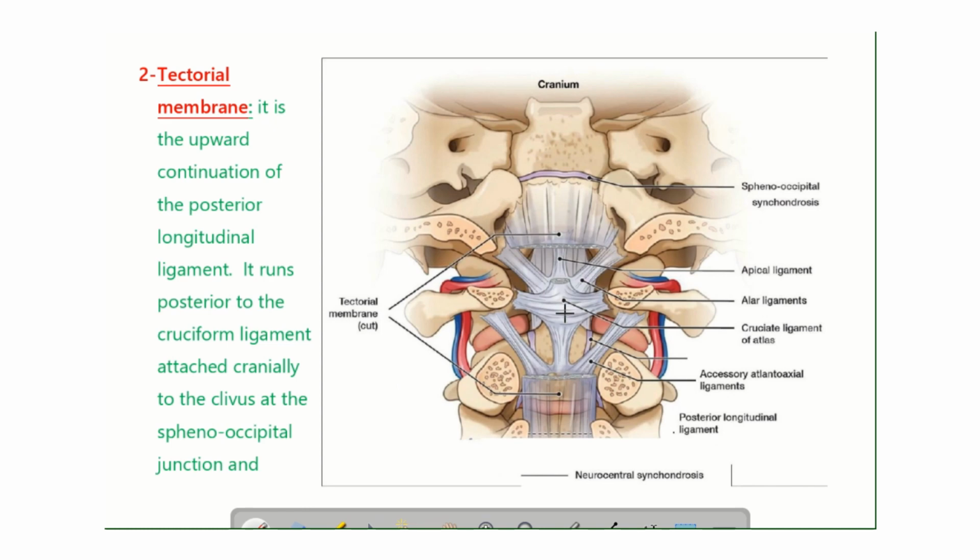Returning back, this is the cruciate ligament, and this is the transverse ligament, which is the transverse band of cruciate ligament. A very important ligament. This is the apical ligament, which connects the apex of the dens with the base of the skull.